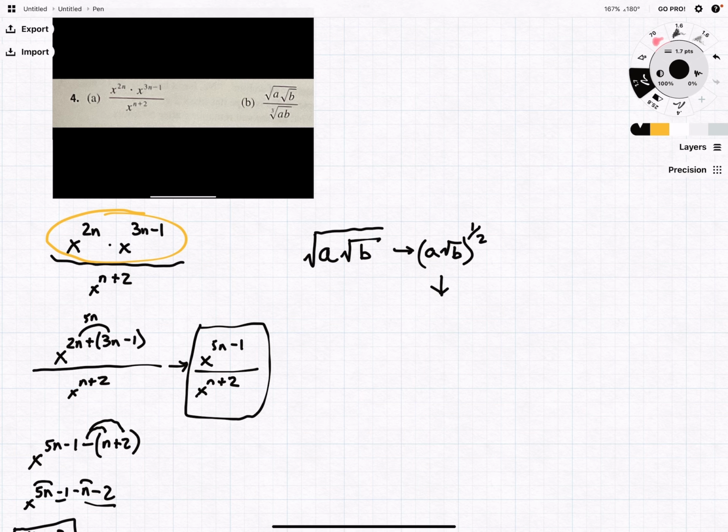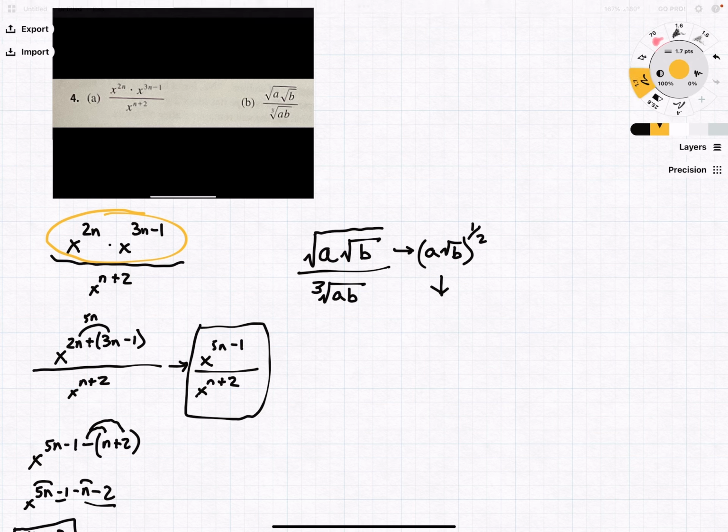Now I know there's more to part B, so maybe I'll write the rest of it out really quick. So part B, the full problem is all of that divided by the cubed root of AB. Okay. But anyways, this top part here is what we're focusing on at the moment.